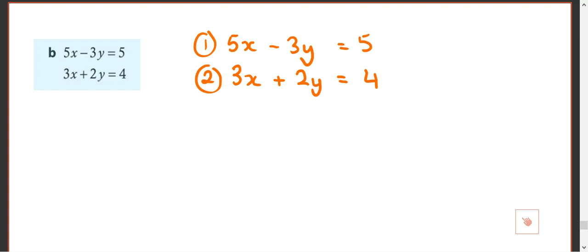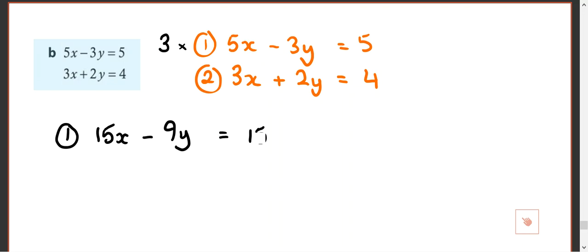Now, I am going to multiply the first one by 3. So my new number 1 becomes 15x minus 9y equals 15.